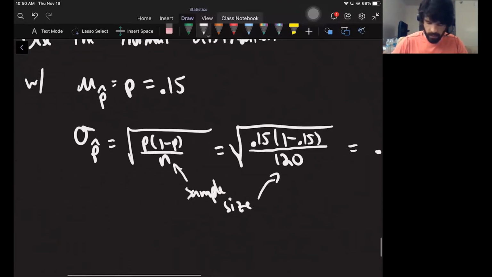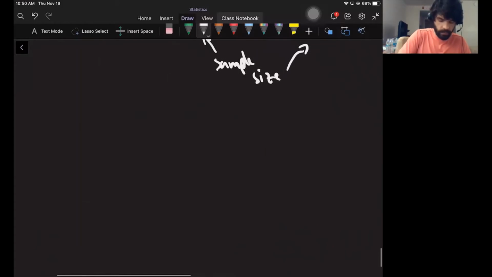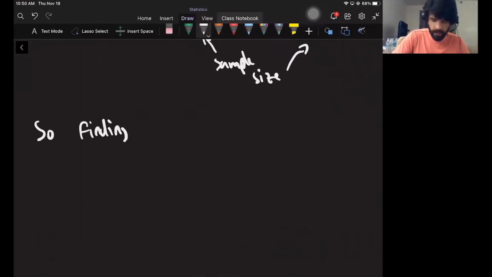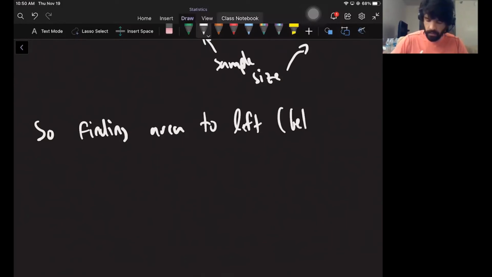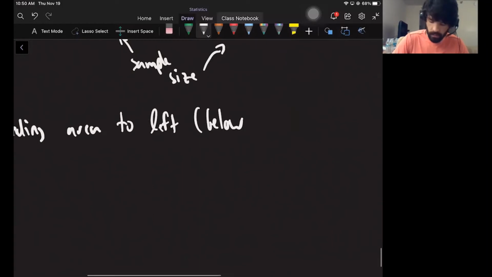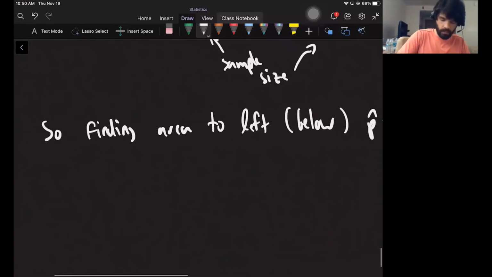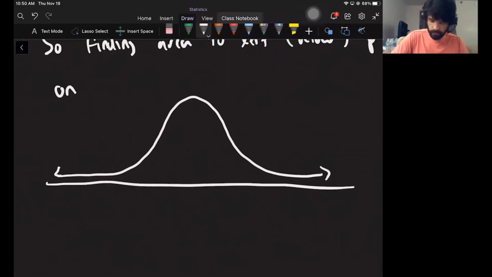So what we're looking at is this normal distribution, and we're finding the area underneath it to the left. Or you could think of it as being below a specific value, 0.12, on this distribution here that I just found the mean for.